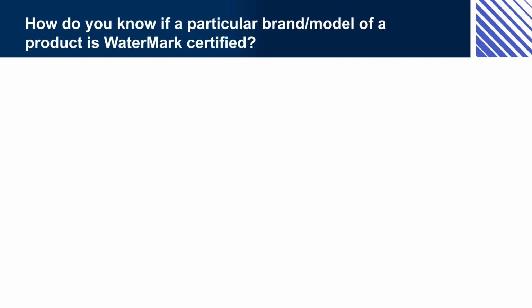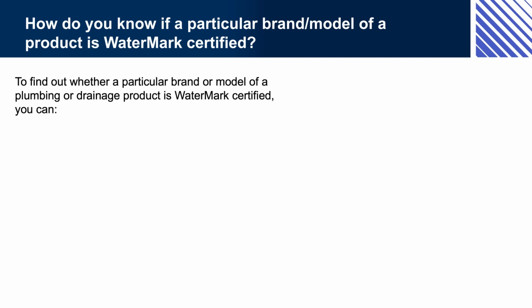How do you know if a particular brand, model of a product is WaterMark certified? The previous slides discuss how you could tell if a particular type of plumbing or drainage product needed to be WaterMark certified. This slide is talking about how you can tell whether a specific brand, model of a product type actually has WaterMark certification.